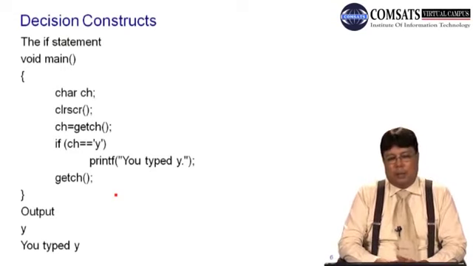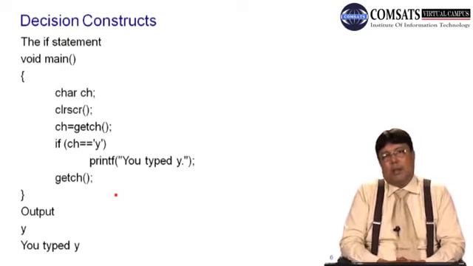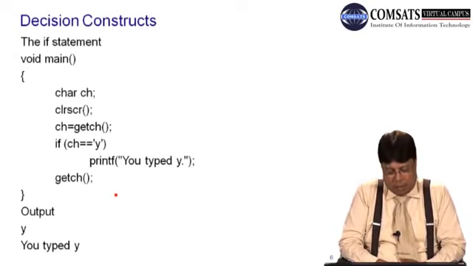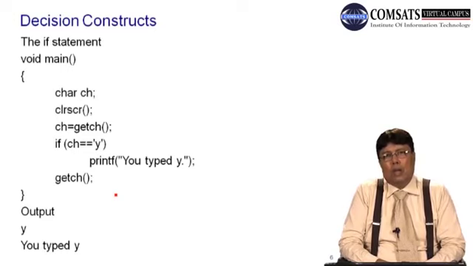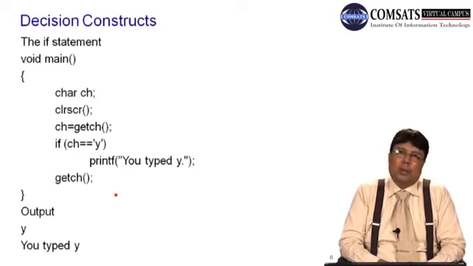Decision construct. We have defined these relational operators because I want to use them in the decision construct. Anywhere in life, any time you encounter a situation where you are required to take a decision.